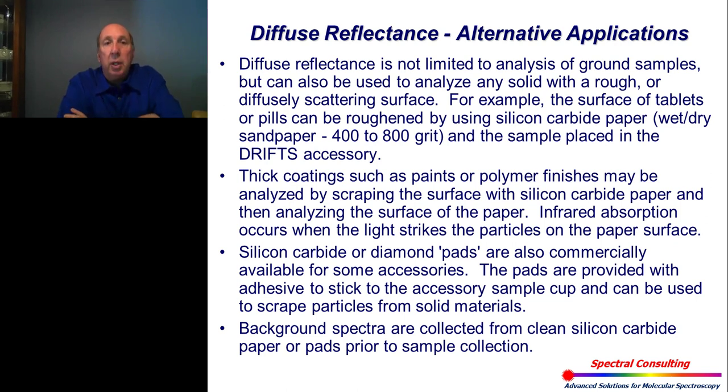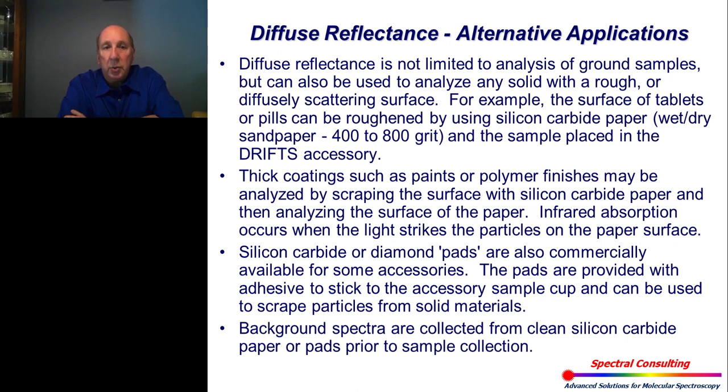Another way we can use diffuse reflectance is for thick coatings, such as paints or polymer finishes, by scraping the surface with that silicon carbide paper and then analyzing the surface of the paper. Infrared absorption occurs when the light strikes the particles on the paper surface.